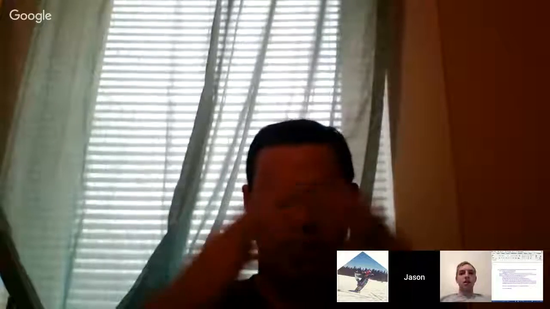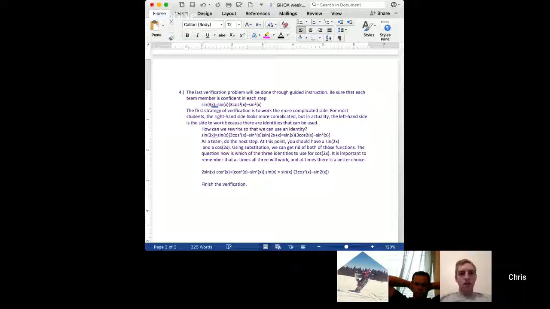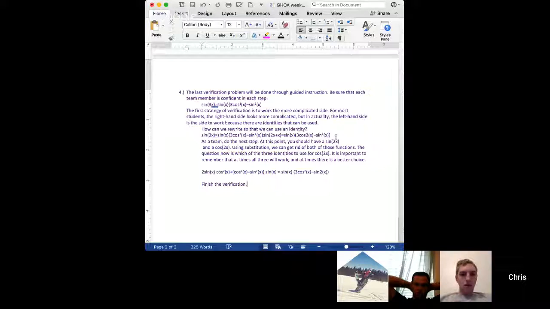Well, at this point, you should have a sine 2x on the left side, right? Well, this is how she claimed to do it. Sine 2x. Using substitution, we can get rid of both of these functions. So sine of 3x equals sine x, whatever that is.